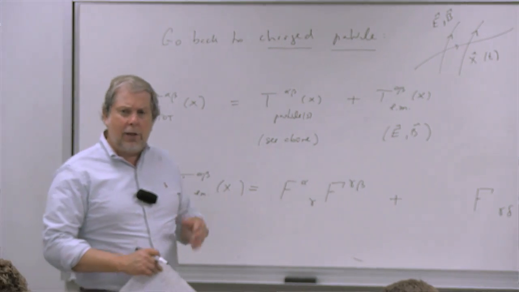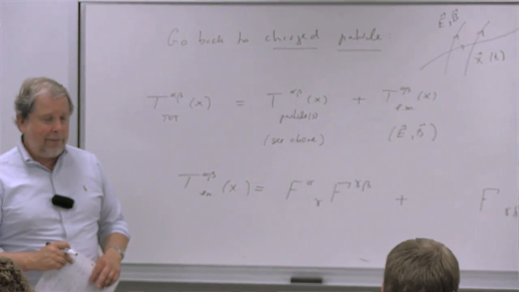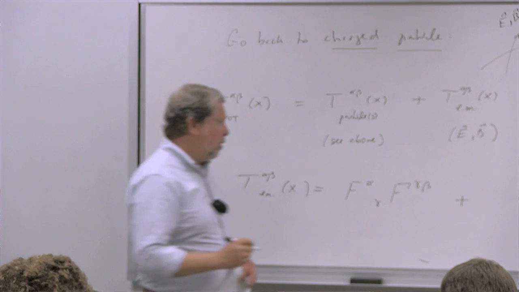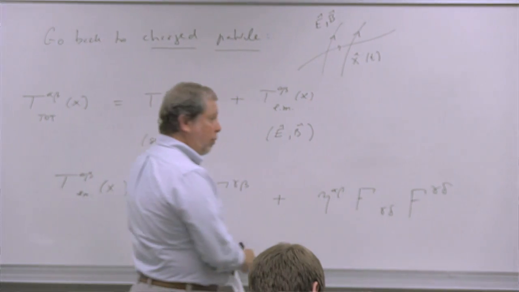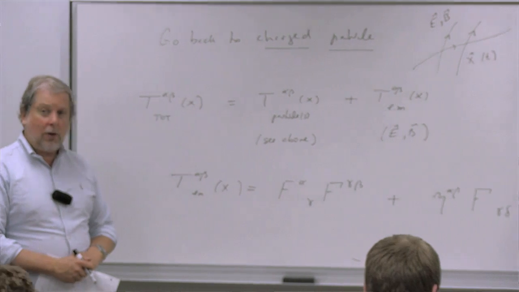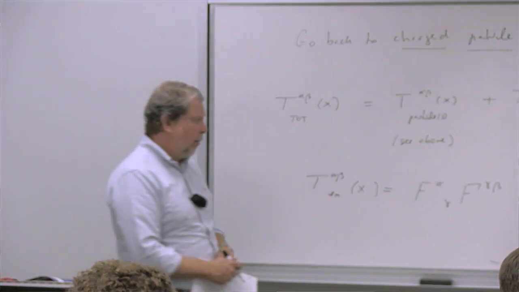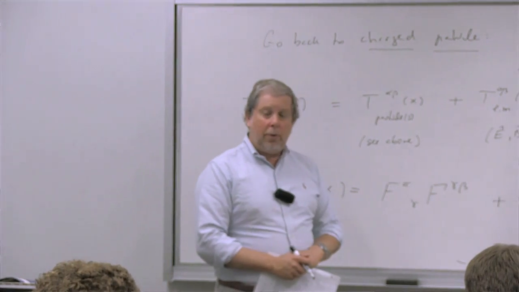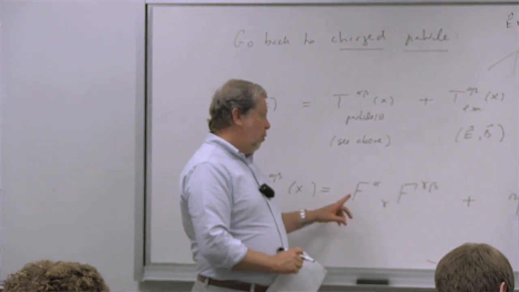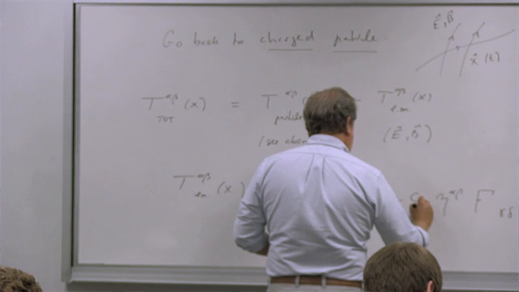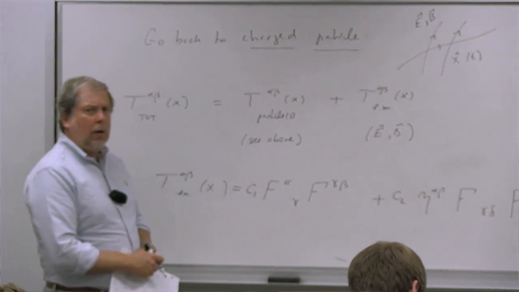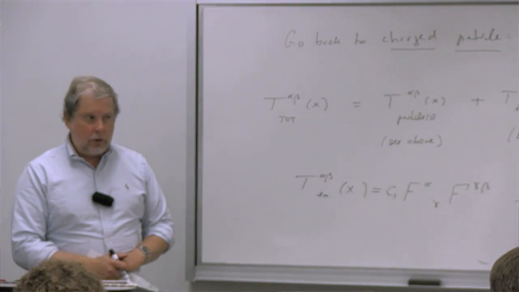So how do you make this into a two-index object, which is manifestly symmetric under the interchange? You add an eta alpha beta, which you remember is a tensor and has all the right properties. You can do that as well, and so you can have both. And so now what you do is you write this as C1 times that plus C2 times this, because you don't know the mixture of the two things.